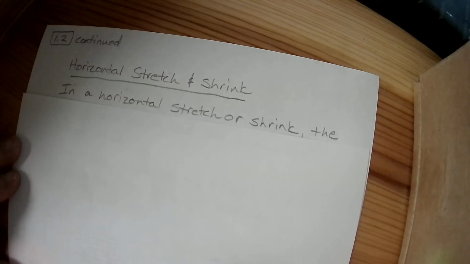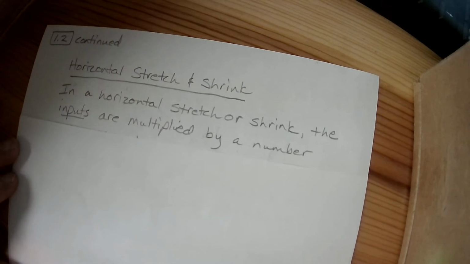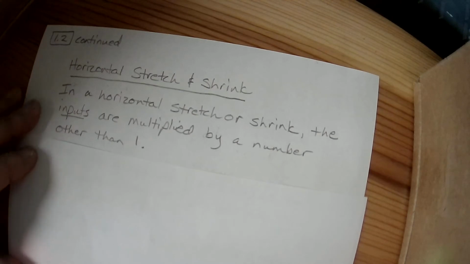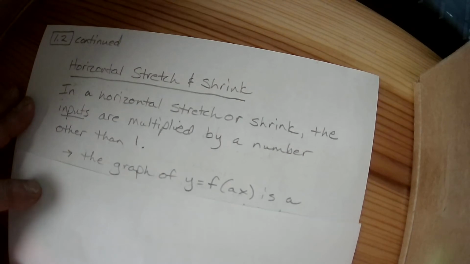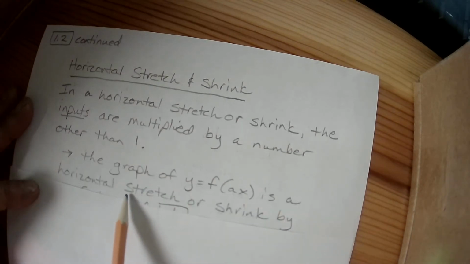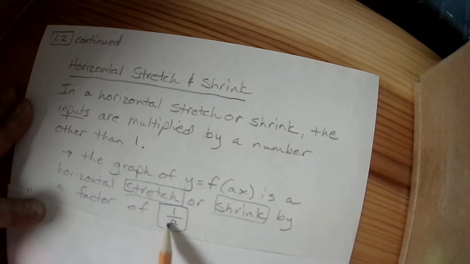Okay, in a horizontal stretch or shrink, the inputs are multiplied by a number other than 1. If you'll recall, in a vertical stretch or shrink, it was the outputs that were multiplied by a number. So now we're talking about what if only the inputs, the x values, were changed. So the graph of y equals f of a times x is a horizontal stretch or shrink by a factor of 1 over a.